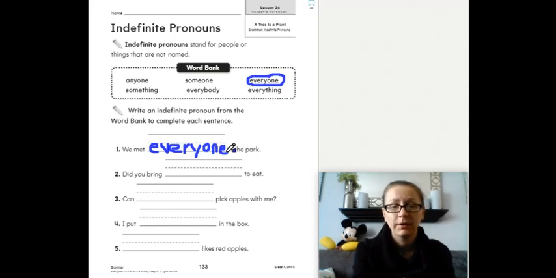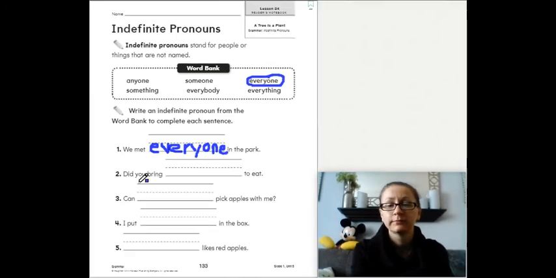Okay, number 2. Did you bring to eat? So let's look at our choices. So we have anyone, someone, something, everybody, or everything. So in our sentence, we have the word you, so we are talking about one person. So we need our indefinite pronoun to also be talking about one thing. We're going to use something.